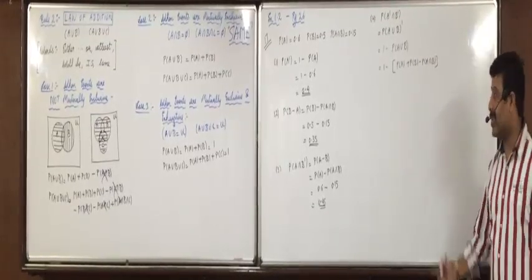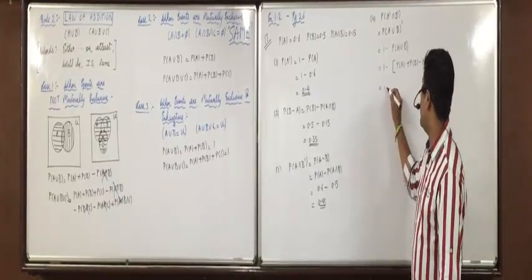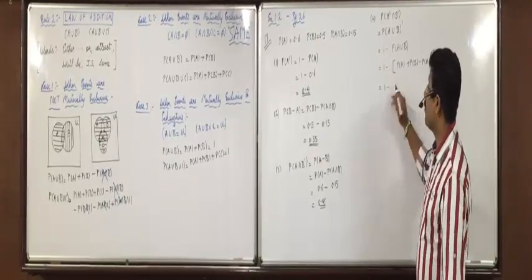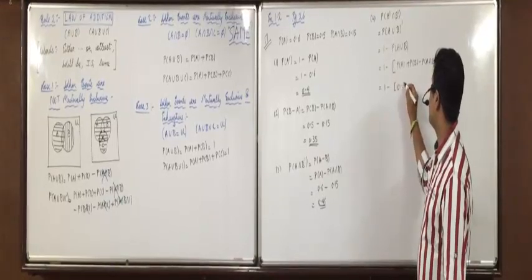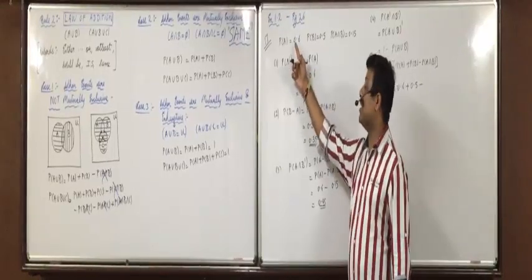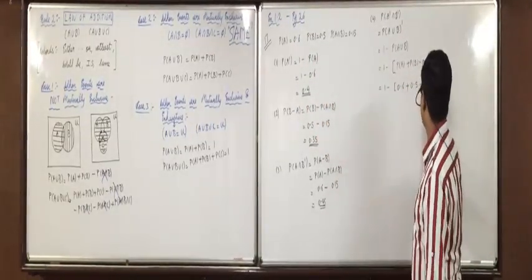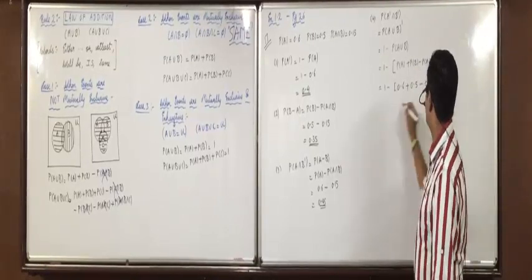Are you all clear with this? For this reason I have taken up those rules in the beginning today. So 1 minus, what is P(A)? 0.6 plus P(B) 0.5 minus P(A intersection B) 0.15.